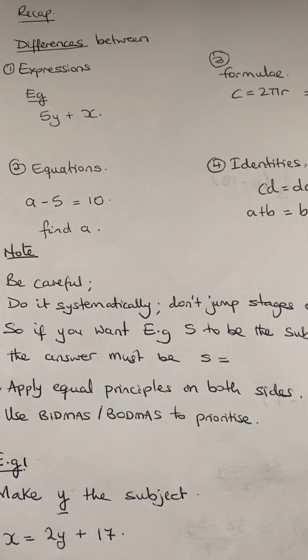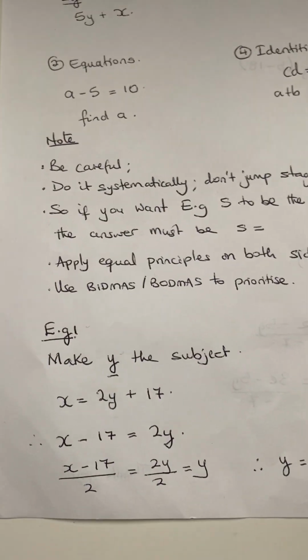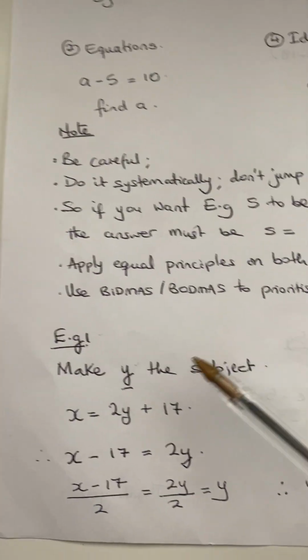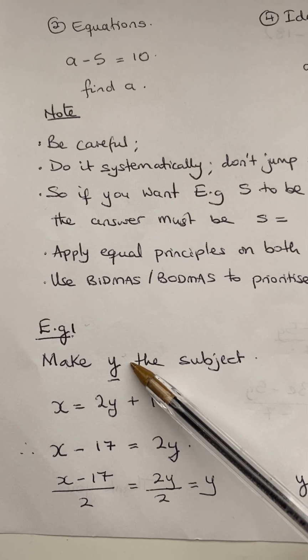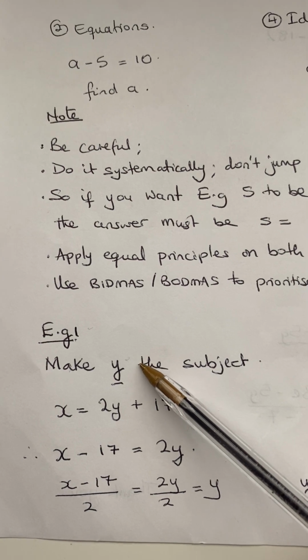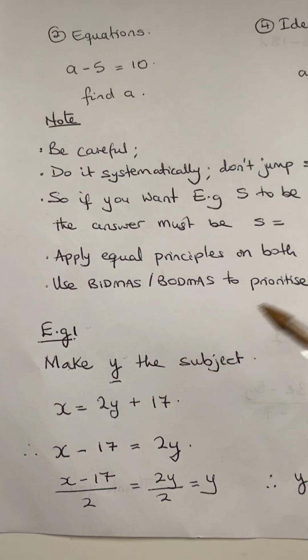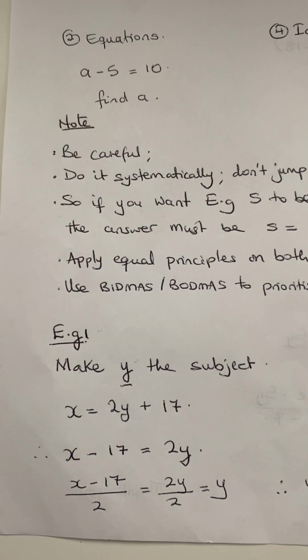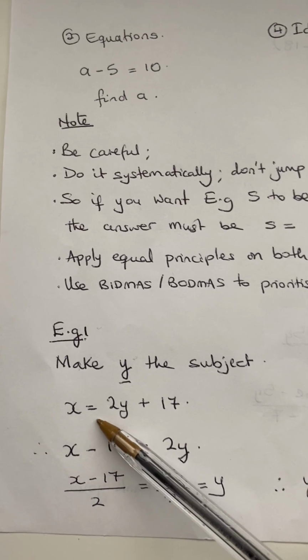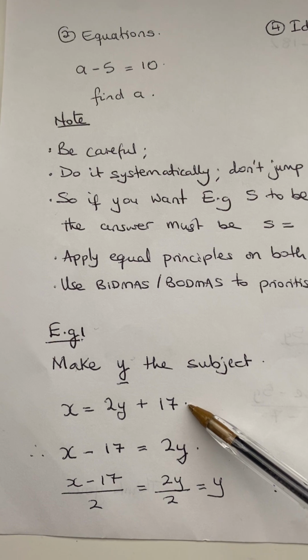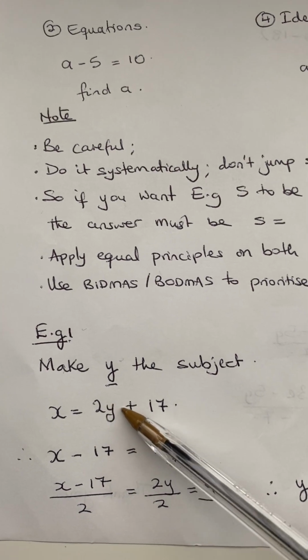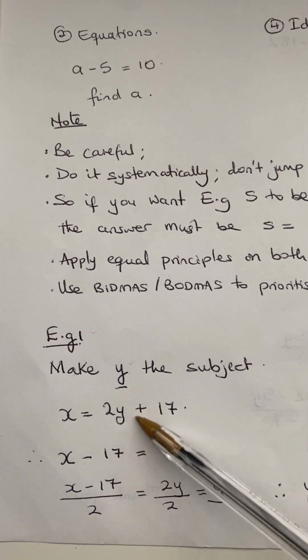Now let's look at our first example. We are being asked to make y the subject, so our answer should be y equals something. Here we have x equals 2y plus 17, so this y should become our answer.